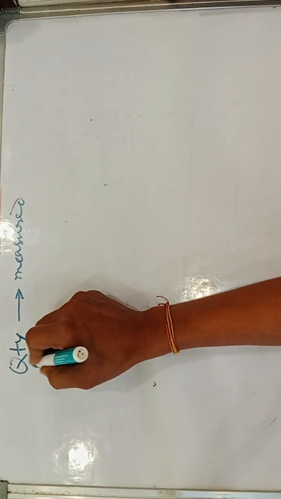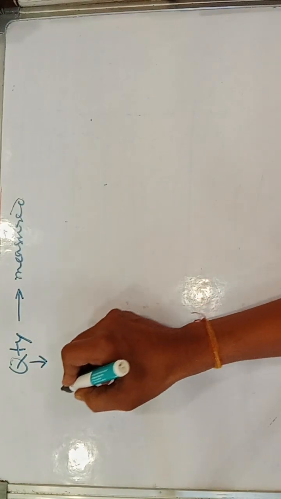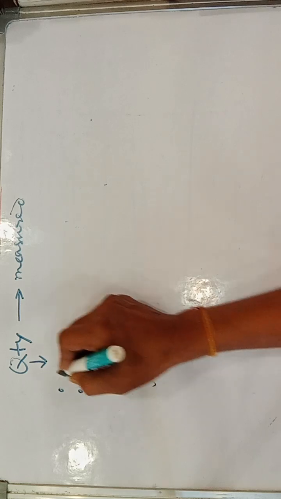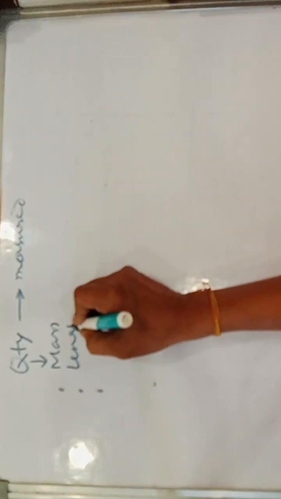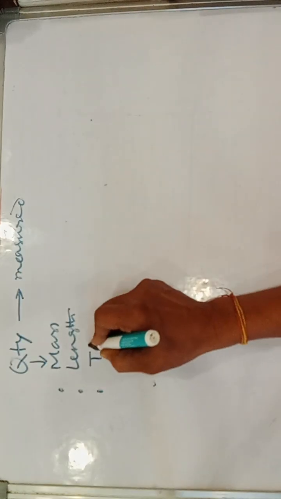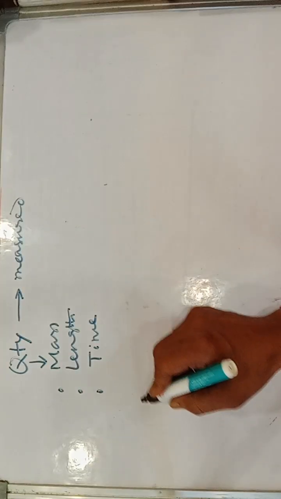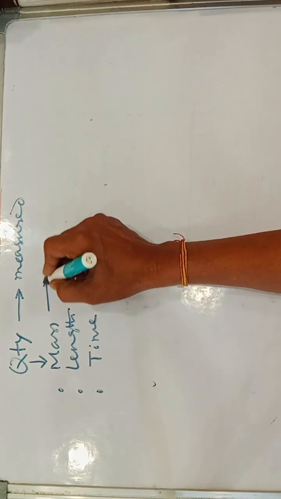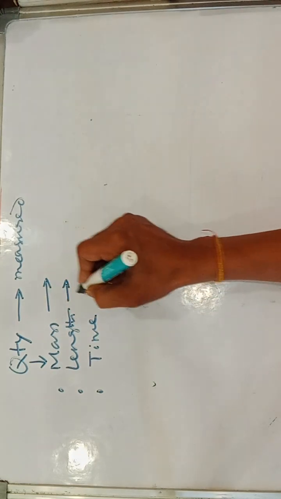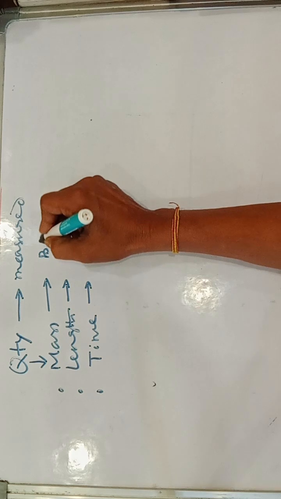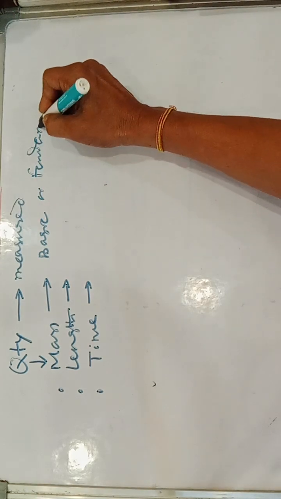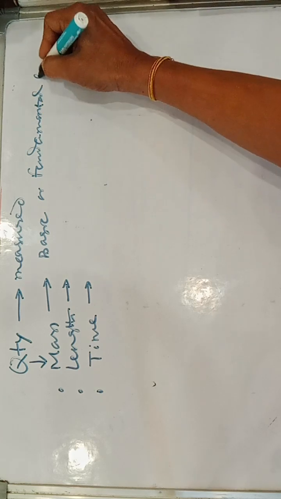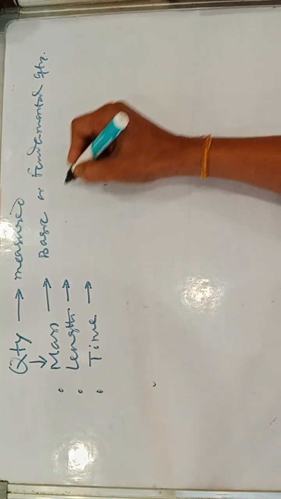Here we have some basic quantities like mass, length, time. These three are the basic or fundamental quantities.